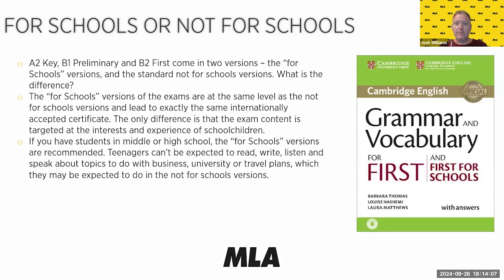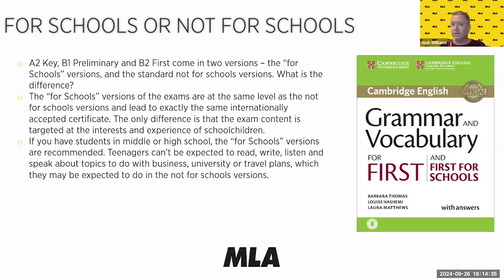But I think it's always better to recommend the for schools versions, if they're available. Partly because the not for schools versions might deal with things, for example, business, work, travel plans, university, study, things like that, that we wouldn't expect students to know about in their first language, let alone in English. The other difference is that the listening is usually conversations.